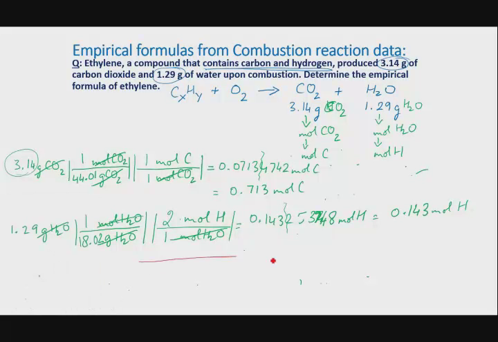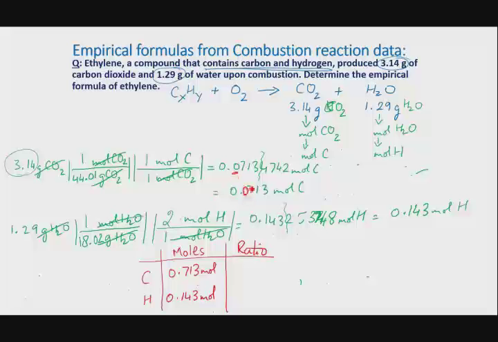We know our compound is made up of C and H. We know from our calculation that it has 0.0713 moles of carbon and 0.143 moles of hydrogen. What's the next step? Absolutely. The ratio of moles of these elements is calculated by dividing each of them. I'm sorry, I made a mistake. I forgot this 0 right there.